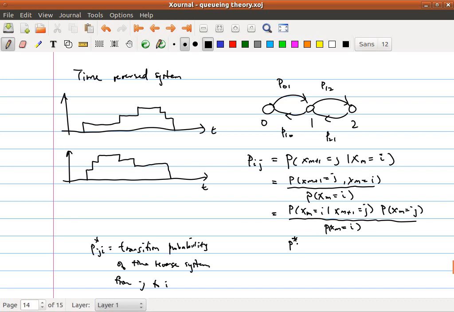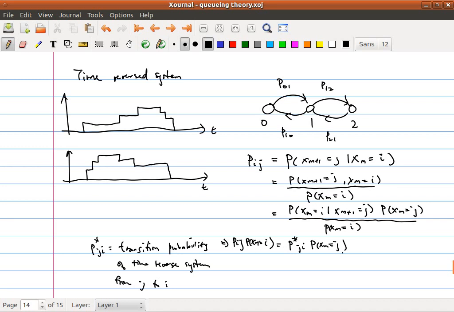Then P star ji times P(X_m = j) is equal to Pij times P(X_m = i). So this is true for every m, basically every time instant m.